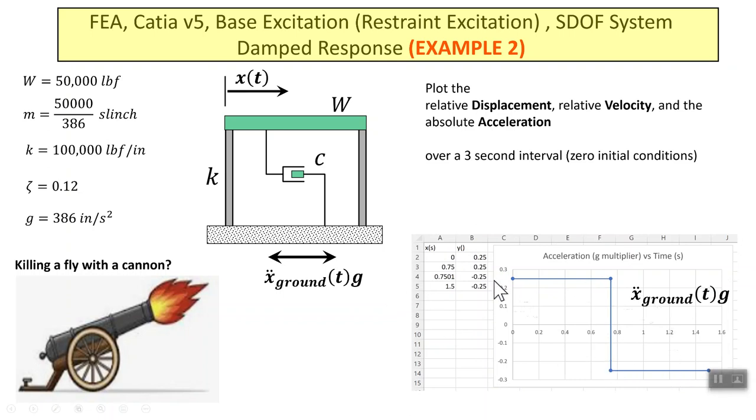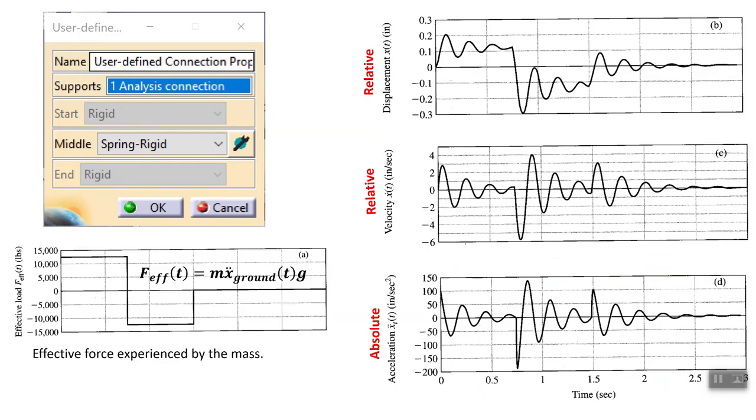The vertical axis is unitless, and the horizontal axis is in seconds. If you take these unitless values, the amplitude, and multiply it by g, which is 386, that describes the acceleration of the base.